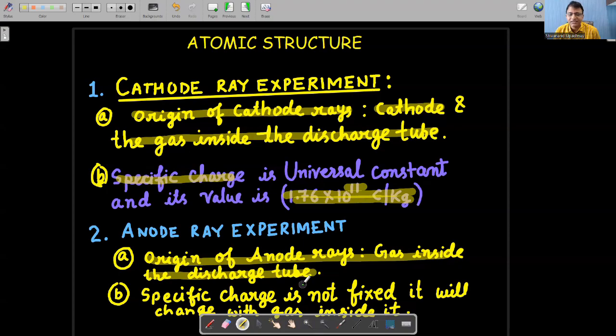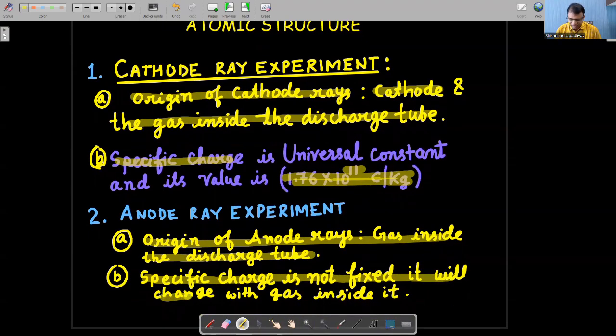As we change the gas, the mass of gas particle will change and the specific charge will change. So the second point is specific charge is not fixed. It will change with the gas inside the discharge tube. So these 2 points are related to cathode ray experiment and anode ray experiment.